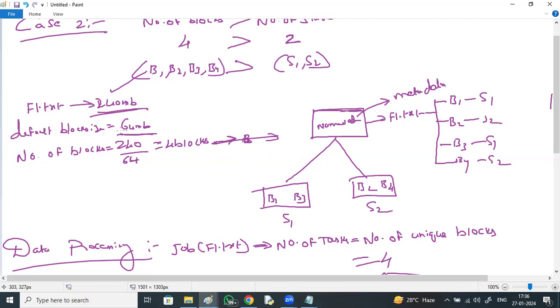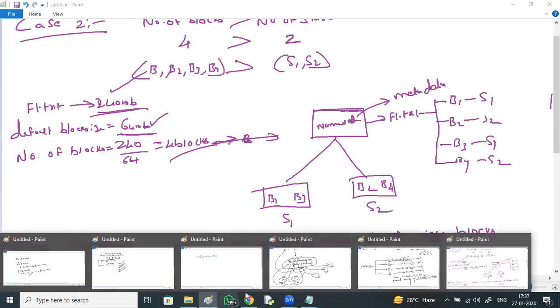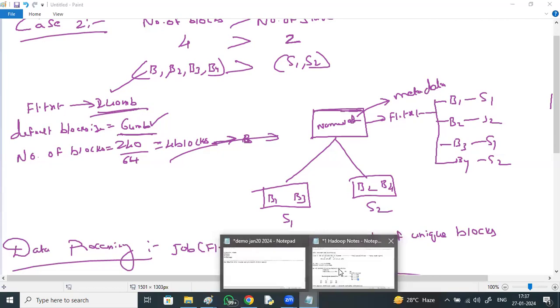Your file is divided into fixed size 64 MB blocks. If it is 256, then it is exactly 4 blocks.